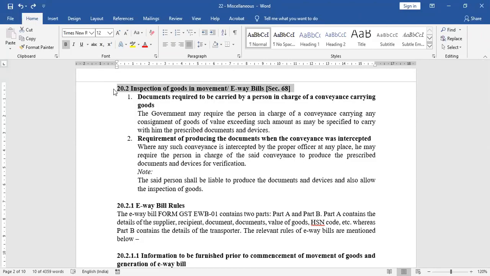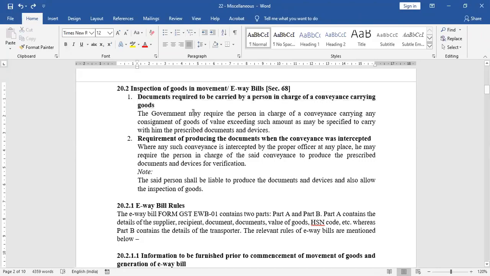Now there are 2 points to make. First, any person who is moving the goods, like any truck driver moving goods from one place to another, must have the required documents with him, so that anytime your truck is intercepted by an officer of the GST department, you should be in a position to show the bill.